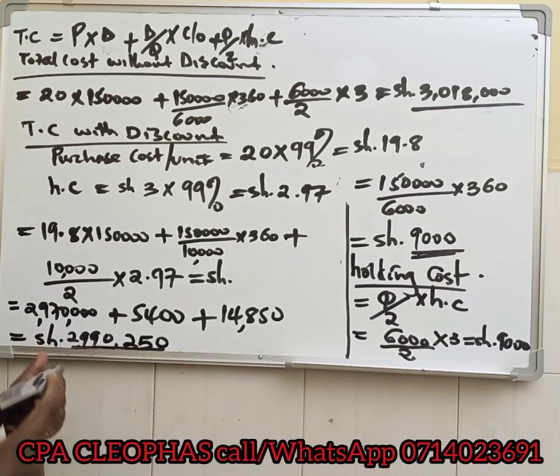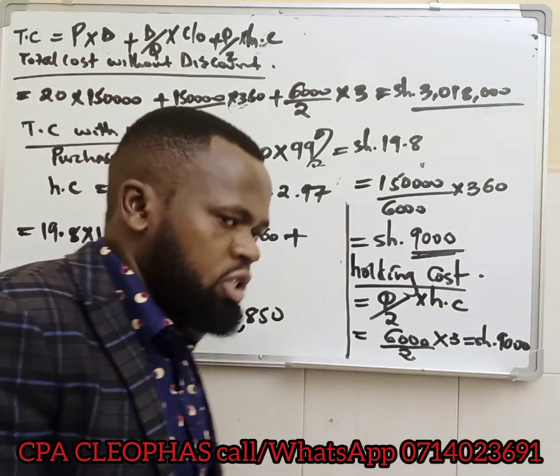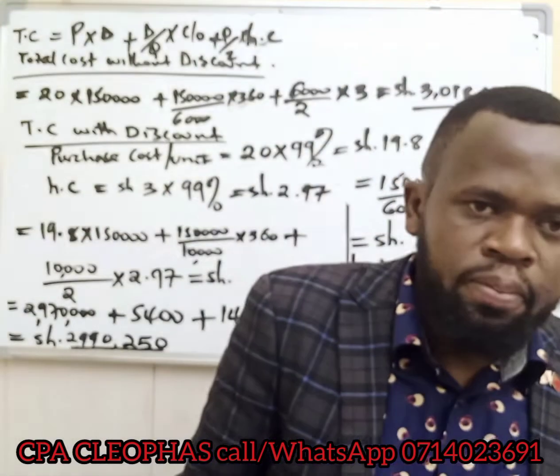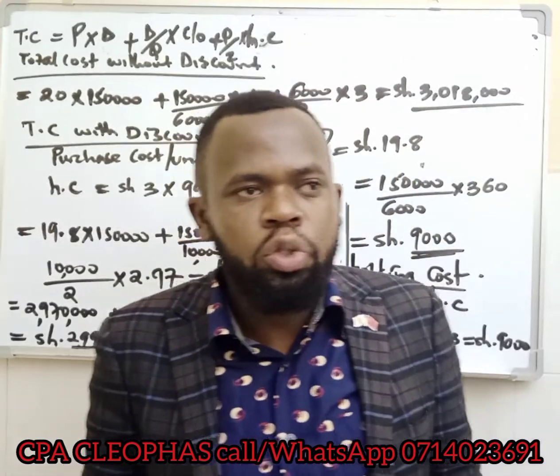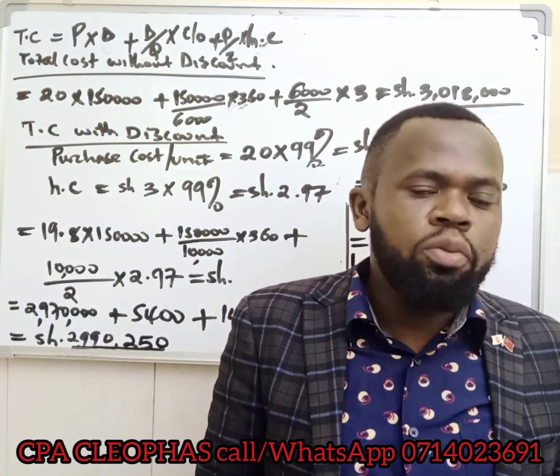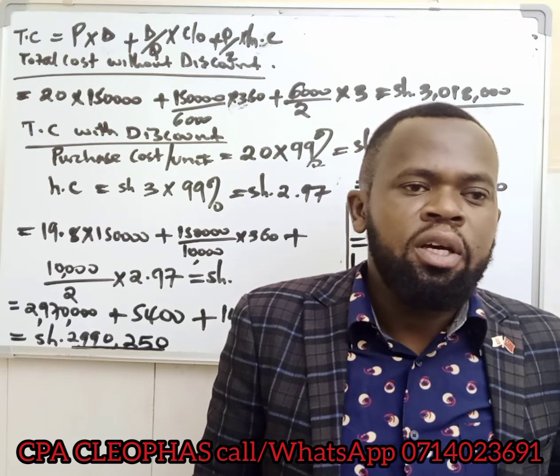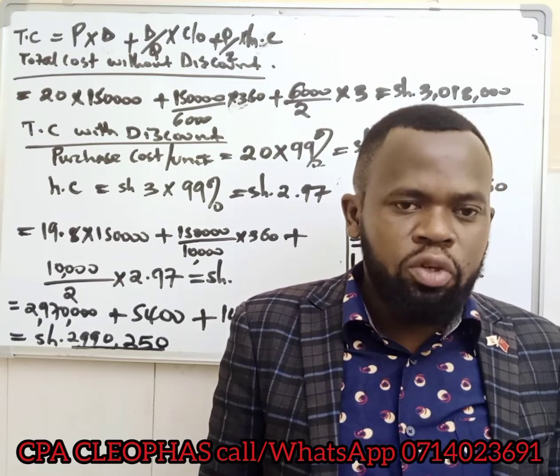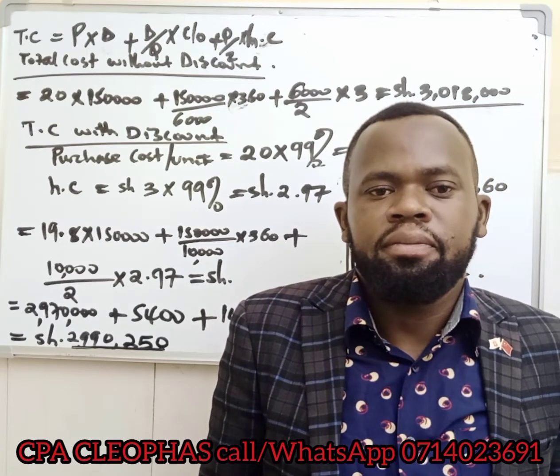So the advisor should tell Blade Limited, if you're writing: Blade Limited should accept the 1% quantity discount in order to minimize costs.